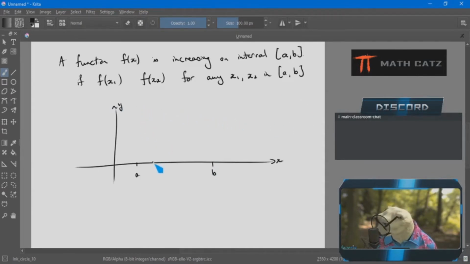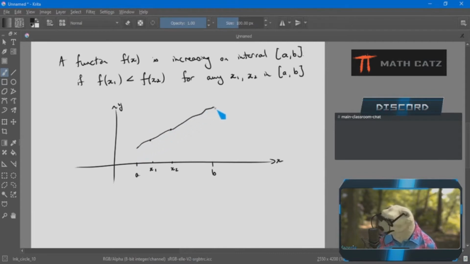If I compare any two x values and the y values, the points need to be going up in terms of the y value. So the second one needs to be bigger than the first one, or the first needs to be smaller than the second. I need to be going up in some way.